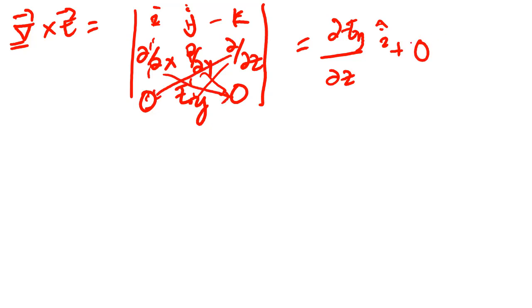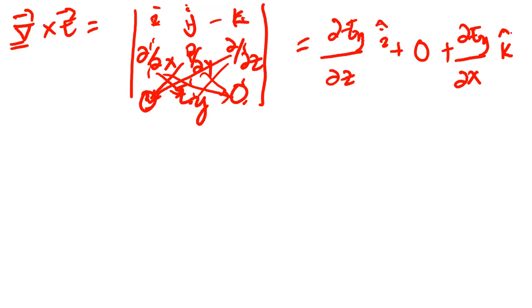So the y component is 0 anyway, and the k component I would get basically dou Ey by dou x, and the next component is 0 because this is 0. So this is what we would have.